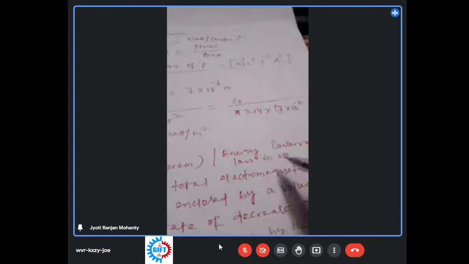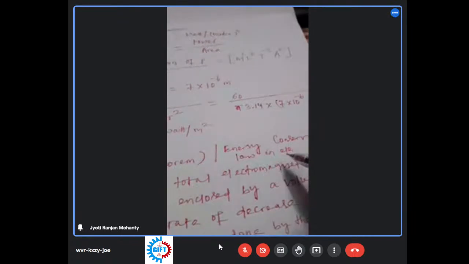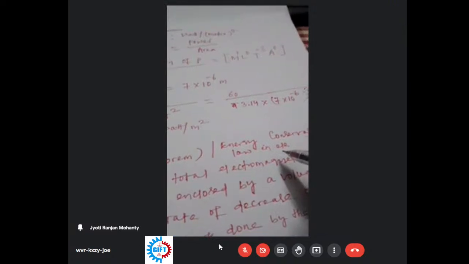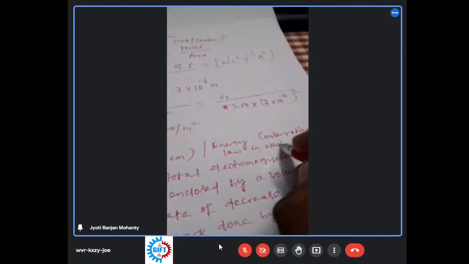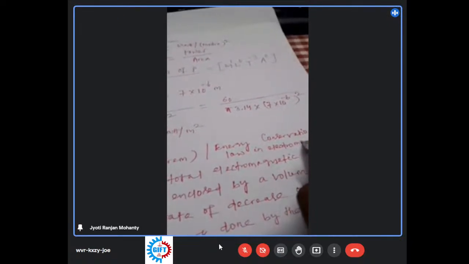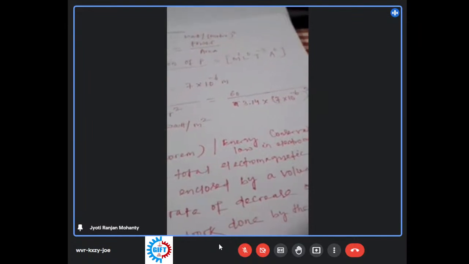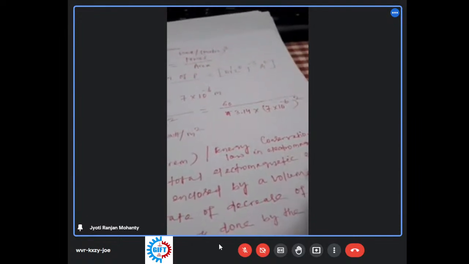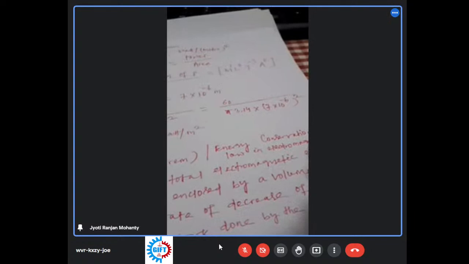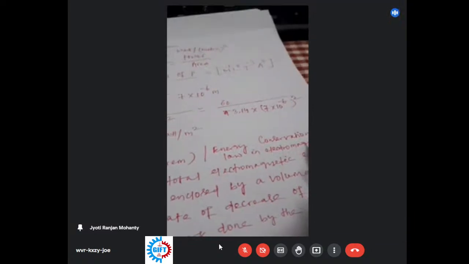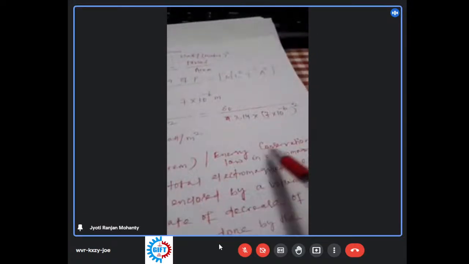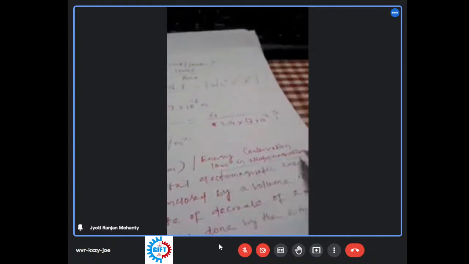If an MCQ question asks which theorem is known as energy conservation law in electromagnetism, the options will be Poynting theorem, Gauss divergence theorem, Stokes theorem, Green's theorem. So which one is correct? Poynting theorem. Yes, remember, the energy conservation law in electromagnetism.